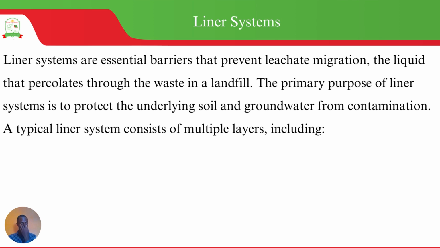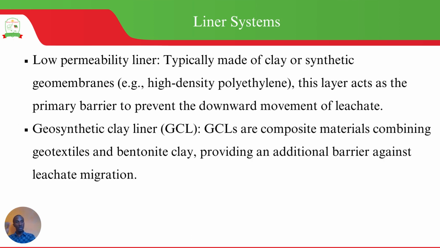And this liner system typically consists of multiple layers, including the following. One, the low permeability layer, which is typically made of clay or synthetic geomembranes like high density polythene, and this acts as that primary barrier to prevent the downward movement of this liquid or the leachate from the waste that has been dumped in the landfill.